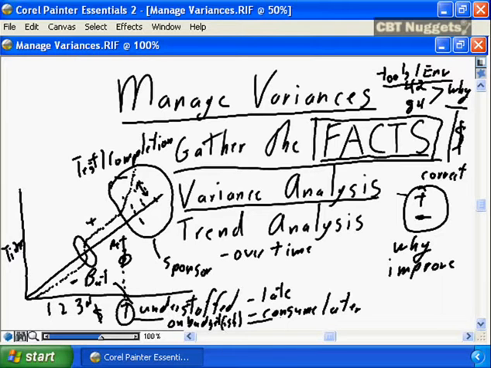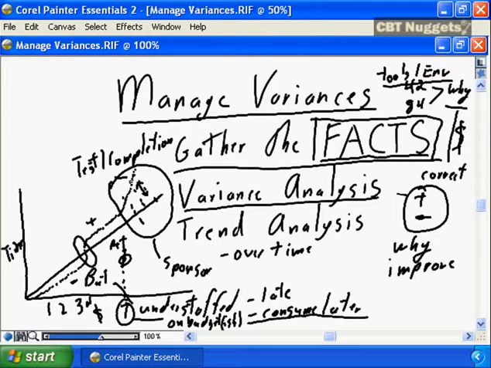And that's because I have done the consumption later, I have brought the additional team members in, and now the project looks very successful. You're managing the variances, you're doing the trend analysis, you're putting it into a proper time perspective, and you're truly doing a good job of managing your budget.